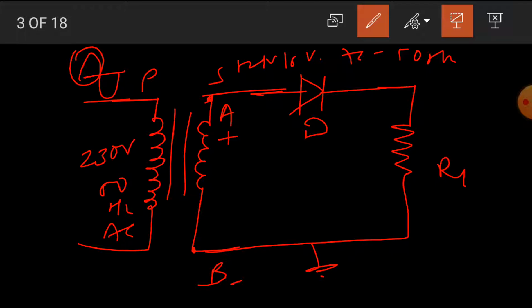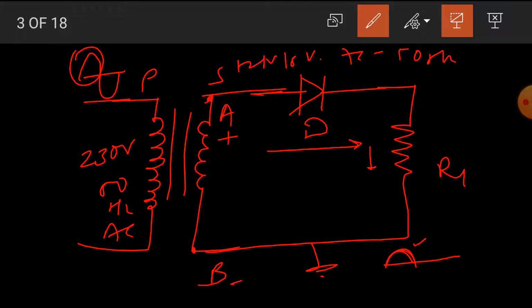When point A becomes positive, the diode D1 conducts, that means the current flows from diode towards the load. At the output, we get the rectified output or the positive half cycle of the AC mains.